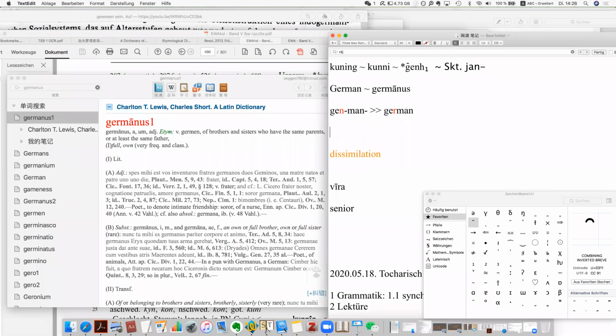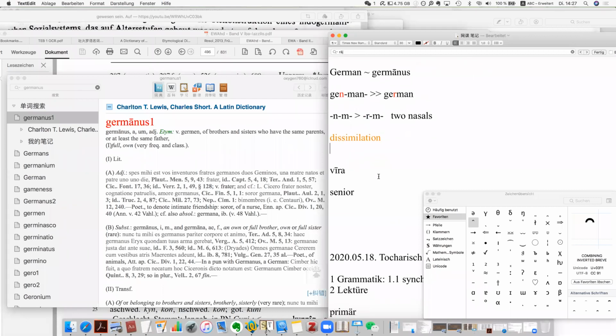So this is a kind of dissimilation, right? There are two nasals, and then comes a dissimilation to an r and to an m.